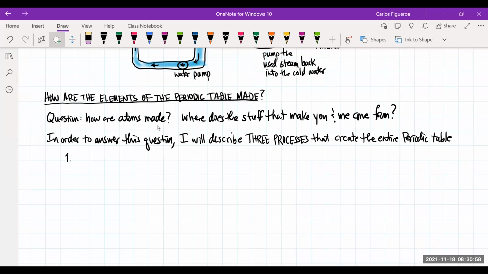So what we'll do here is start off with what we call the Big Bang. The word was first used as a derogatory thing, but the Big Bang is actually a very old model. The proper name is the inflationary Big Bang model. That's the one we're going to be looking at. Then 2, we need to talk about how stars work. And then 3, we need to talk about what are called supernova explosions.